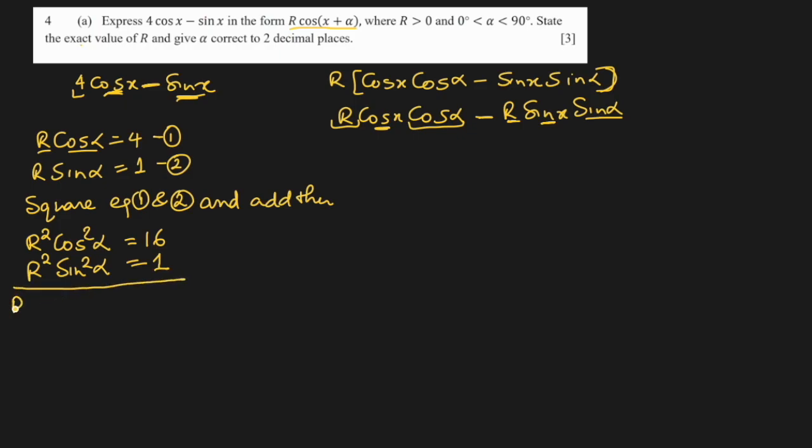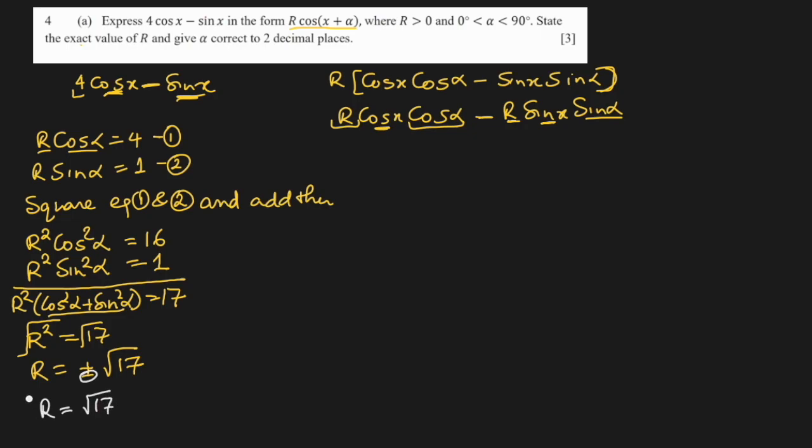So r square is common, I can write r square (cos square alpha plus sin square alpha) equal to 17, and we know this is 1. So r square is equal to 17, square root both sides, r equal to plus minus square root 17. But they have already stated here, r is greater than 0, positive. That means the negative has to be ignored. So r is equal to positive square root 17. We got the exact value of r.